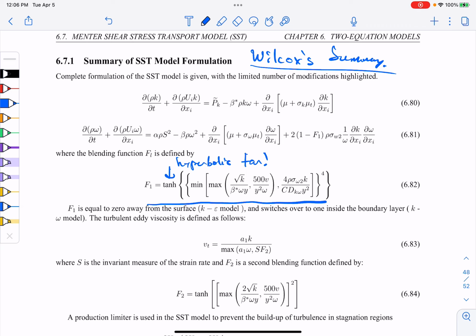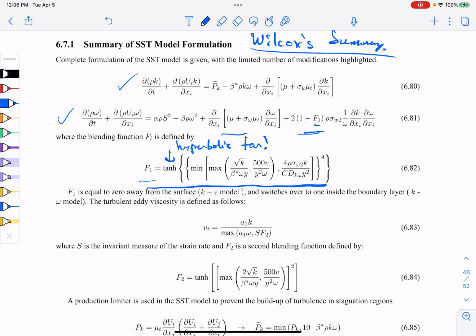So we have one PDE for turbulent kinetic energy, one for dissipation. You have your cross diffusion term here, and you have this blending function F1. So here are these two equations in addition to your RANS equation and energy equation if you want to do compressible flow with a gas law. F1 fits in here, so this is the blending.